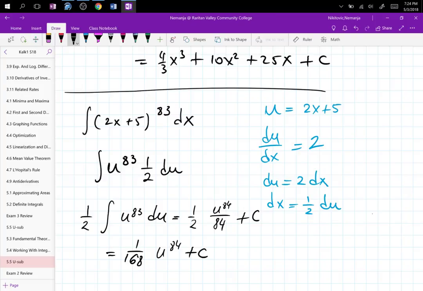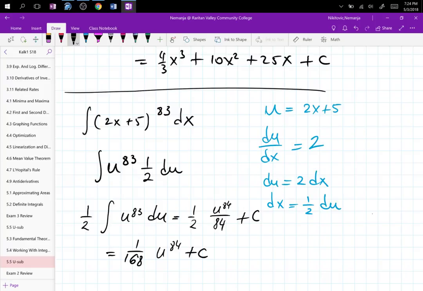Now our answer is in terms of u. The problem is in terms of x. And that's not good. We have to have our answer in terms of x. So we go and we back substitute.